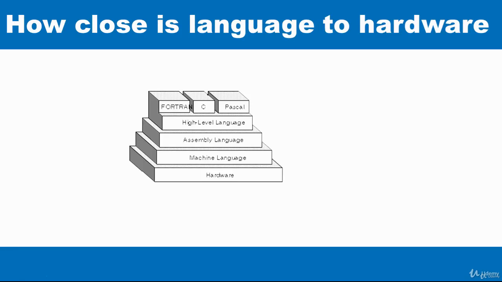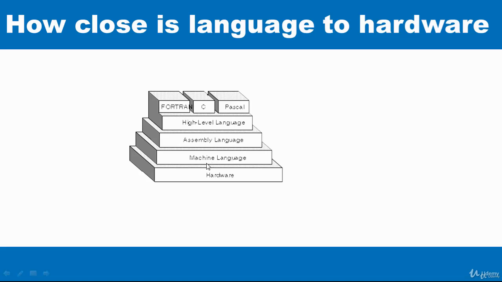In this illustration here, the nearer the language is to the computer hardware, which is things like the computer memory and so on, then the lower the language and the faster it is for the computer to carry out the instructions.